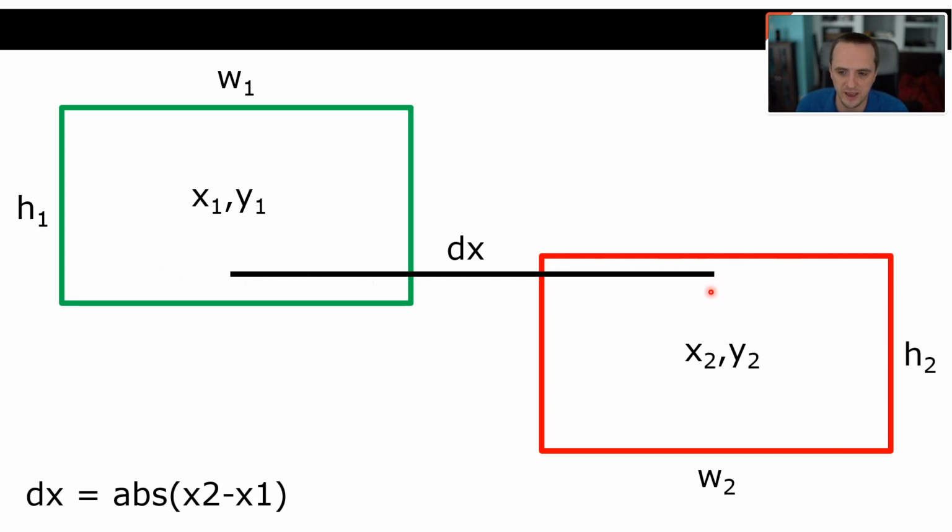So we take the X value of both, subtract them, and take the absolute value. So dx, or delta x, or difference in x, is going to be the absolute value of x2 minus x1. The reason it's the absolute value is because we want to do these calculations such that we don't need to know whether x2 or x1 is on the left-hand side or the right-hand side. We want it to work out no matter what side they're on.